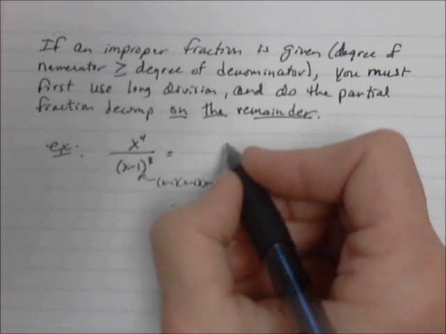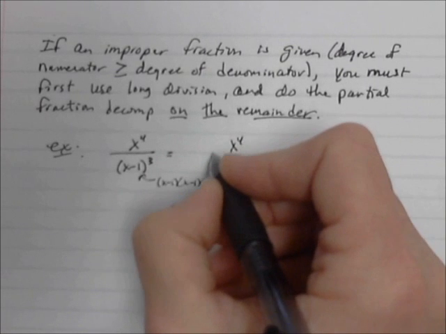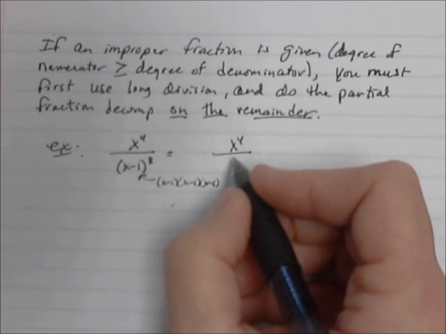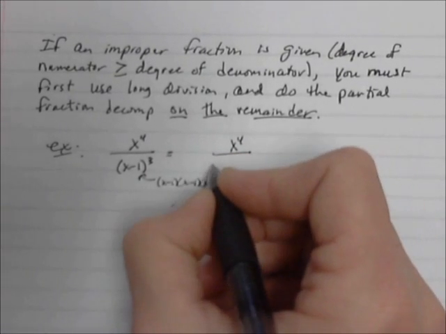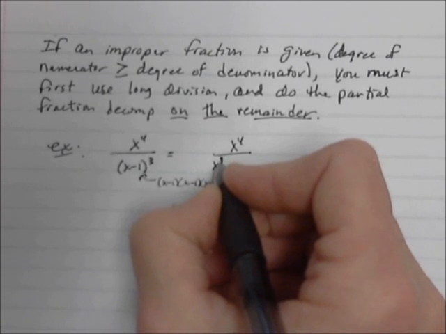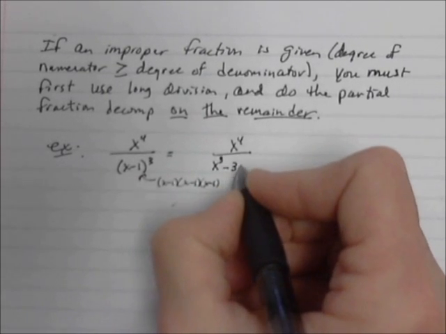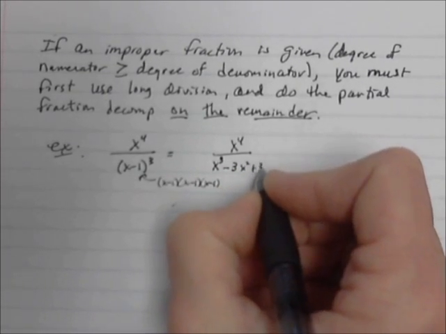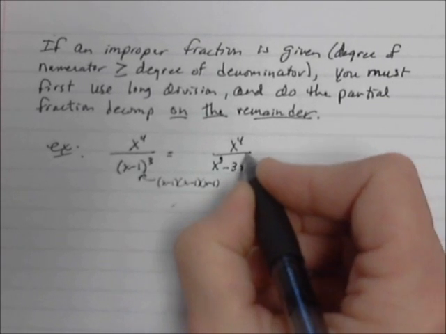And when you do that multiplication, you will get x to the third minus 3x squared plus 3x minus 1.